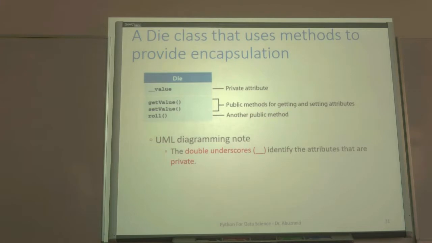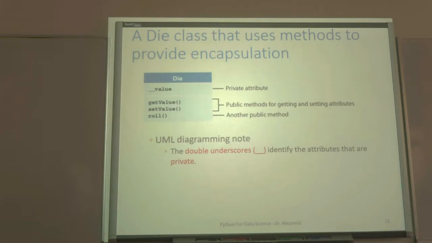But when you make that private, how do you access the attributes? You can read them and write to them, right? So when it's public, any function can read or update the value.